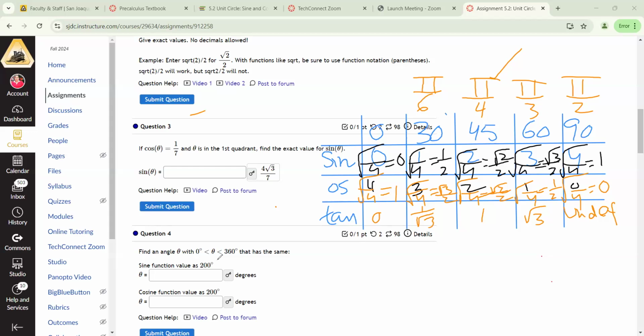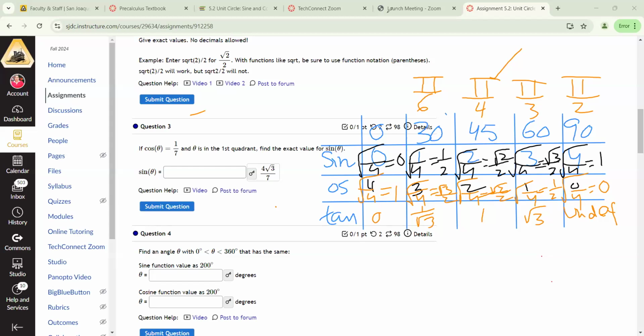So we are finding an angle on the unit circle, starting from 0 going up to 360, where the sine function value and the cosine function value are the same as those of 200 degrees. And we are finding that particular angle.